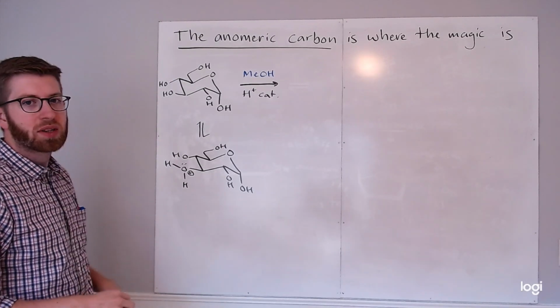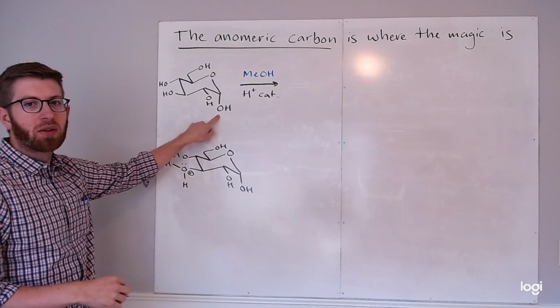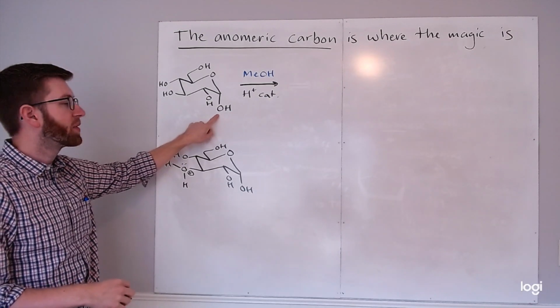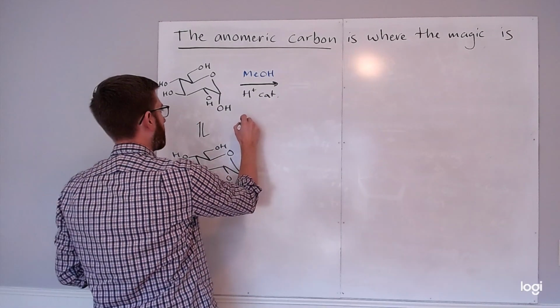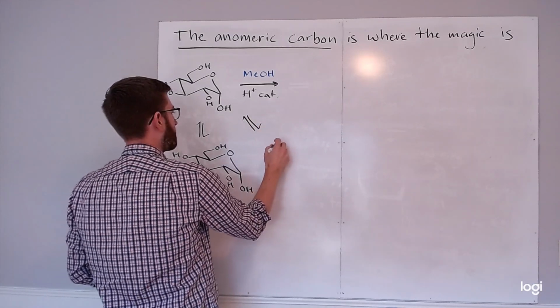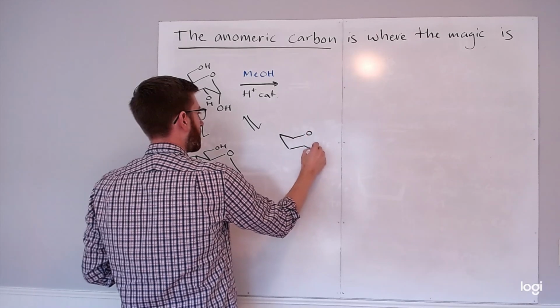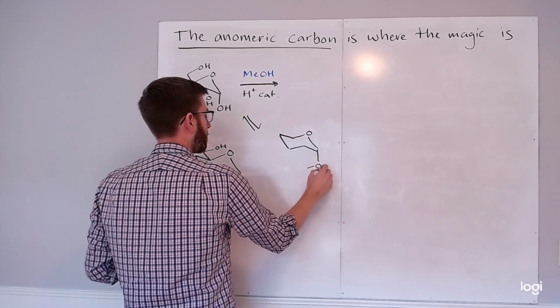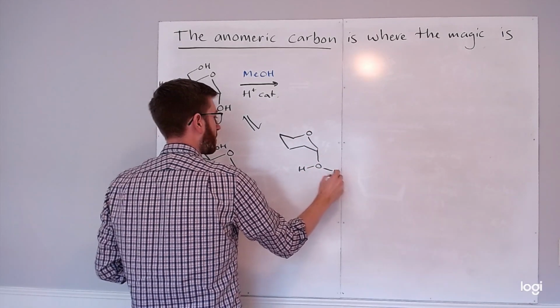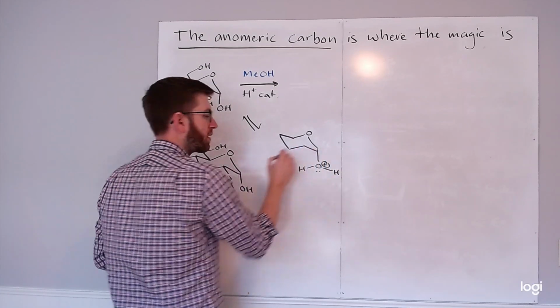And then let's also consider what happens if we protonate the alcohol of our anomeric position, so the C1 alcohol. So our structure, again, will be very similar, except now our positively charged oxygen will be at C1.